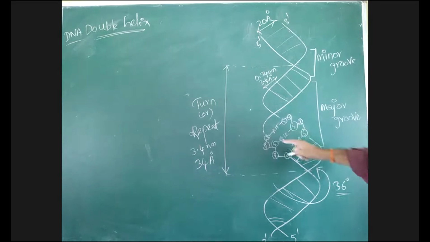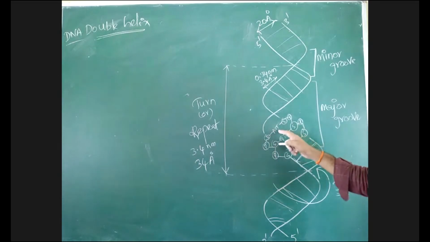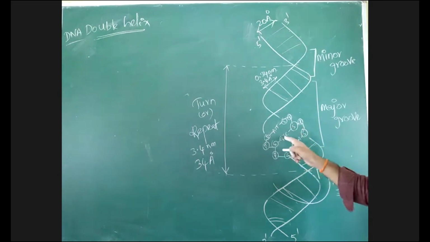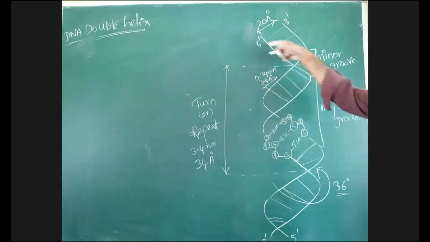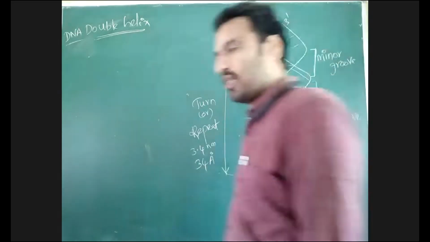This is how sugar, phosphate and nitrogen base, pentose sugar, phosphoric acid and nitrogen base, are oriented all over the DNA strand.